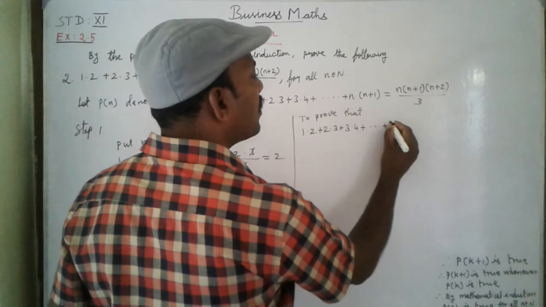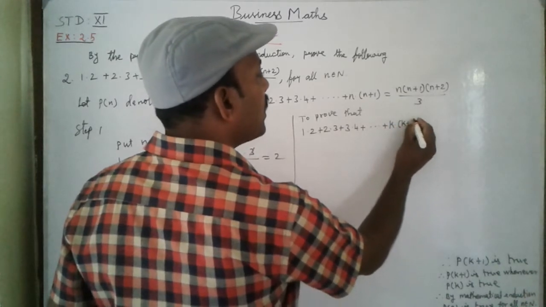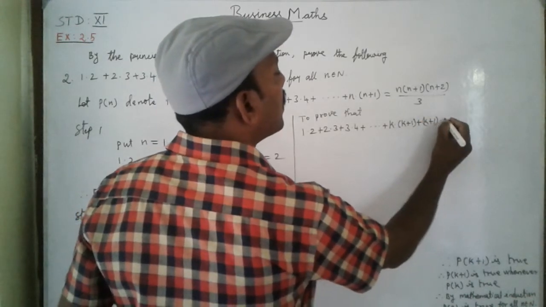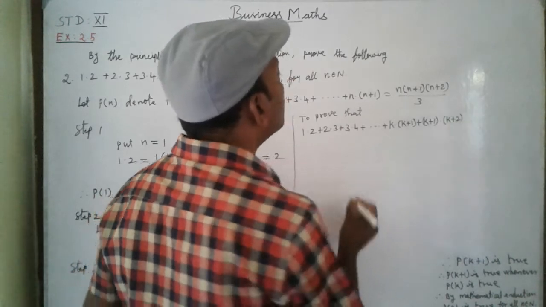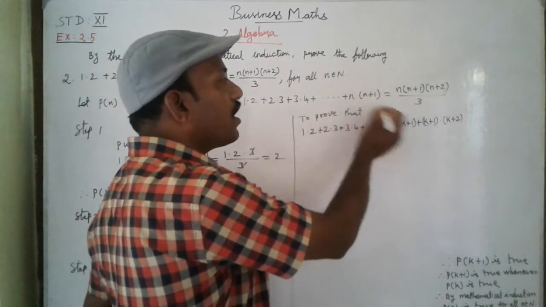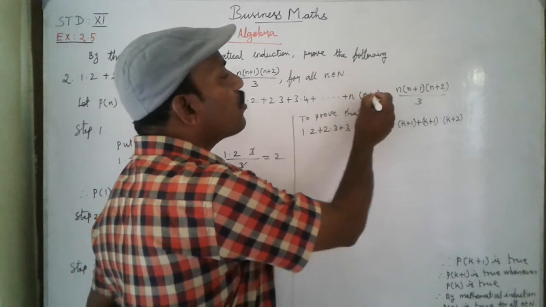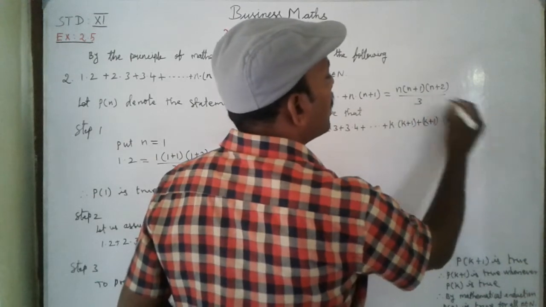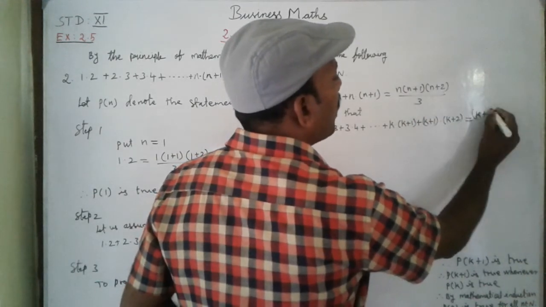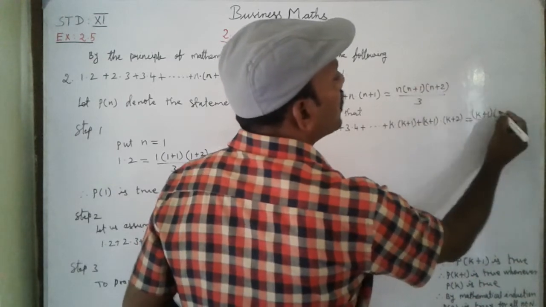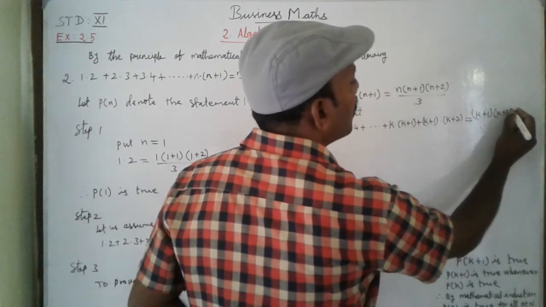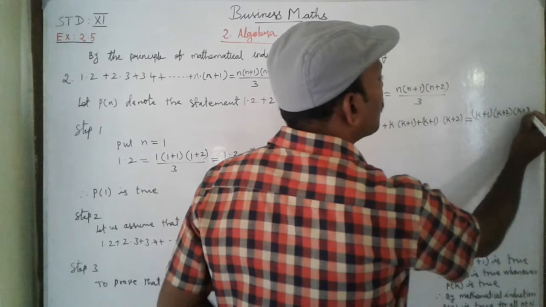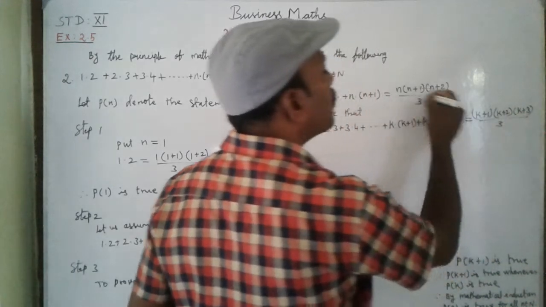The last term before is k into (k+1). The next term is plus (k+1) into (k+2). With n as k+1, (k+1) into (k+1+1) is (k+2), and (k+1+2) is (k+3), divided by 3, we should prove.